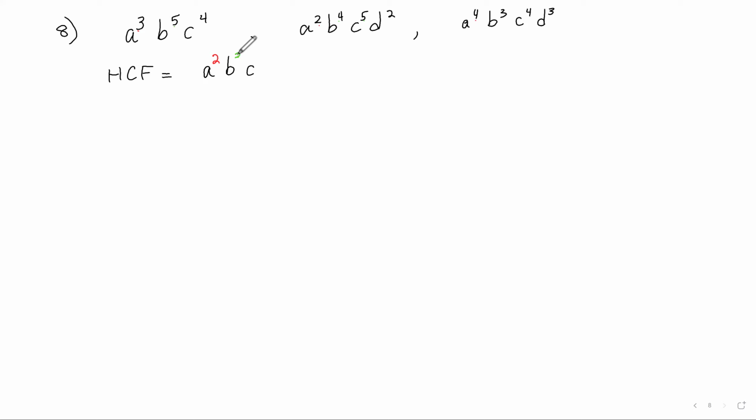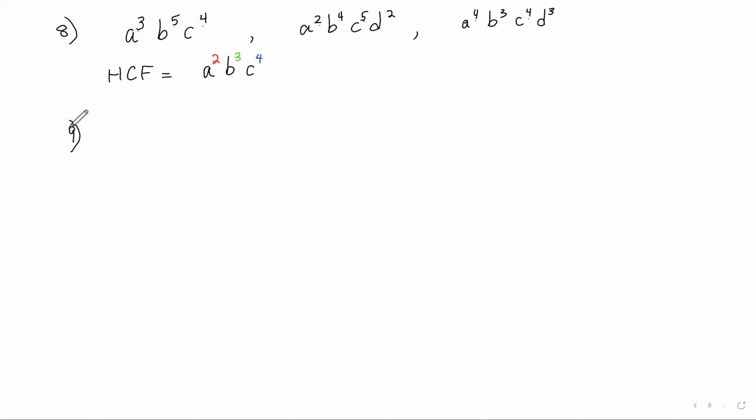The lowest power there will be 3. And then for C, we have 4, 5, and 4. So the lowest power there is 4. Okay, so the highest common factor of that one will be a squared, b cubed, c to the power of 4.